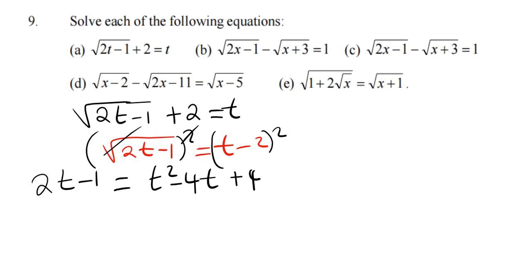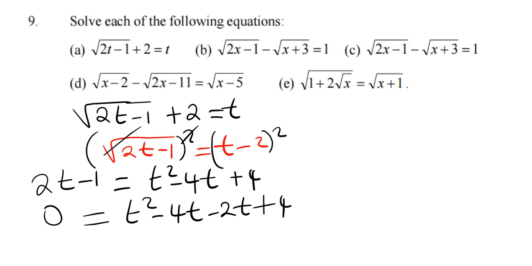Alright, so now that we've got this, just put the like terms together and solve. I'm going to take everything to the other side, so I'm going to have 0 here. I'm going to have t squared minus 4t minus 2t plus 4 minus 1.